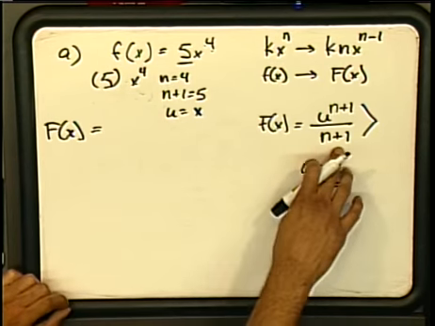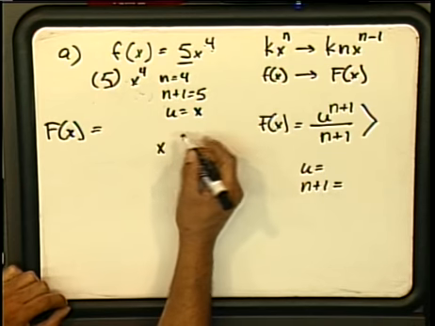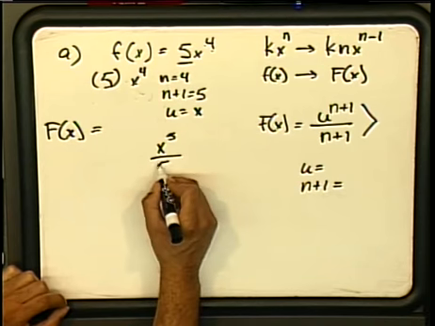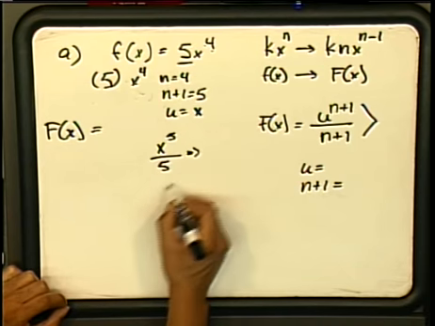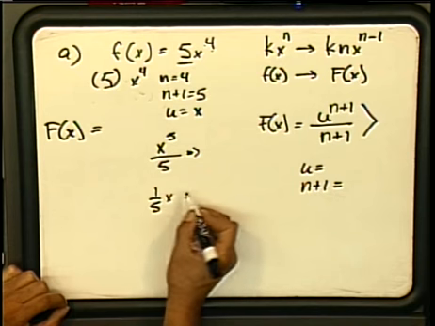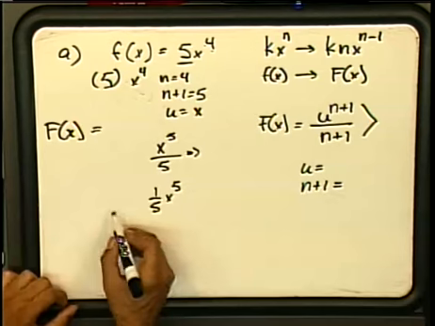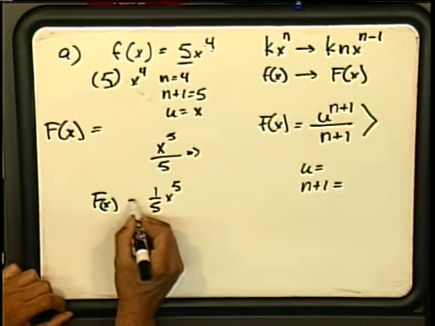So just plug that into this equation. u equals x, n plus 1 equals 5, over n plus 1 to the 5. So that equals 1/5 x to the 5 is the antiderivative.